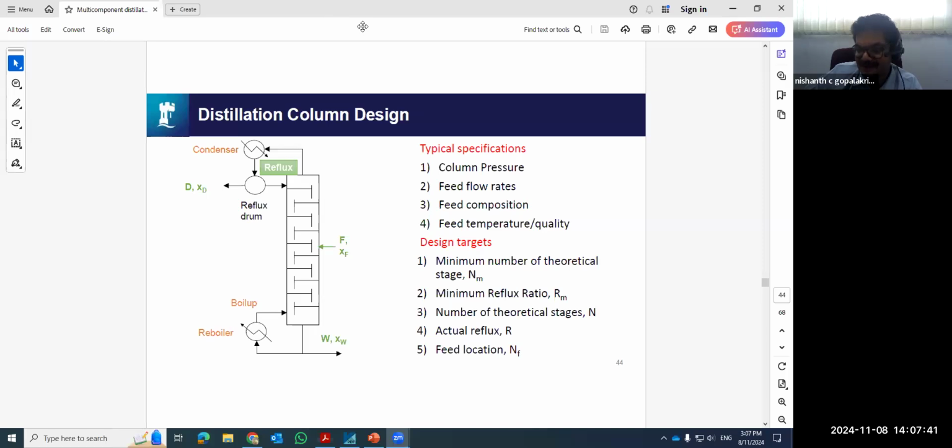You can type what you think about that. The question is, you have your final product in the form of vapor that reaches the condenser. So what could be the temperature of that vapor? Can that be the bubble point or dew point, anything like that?